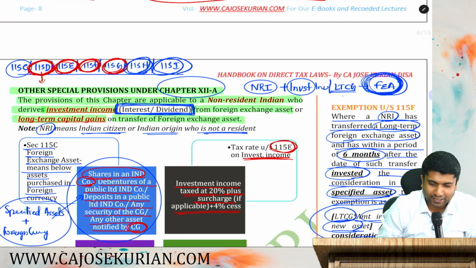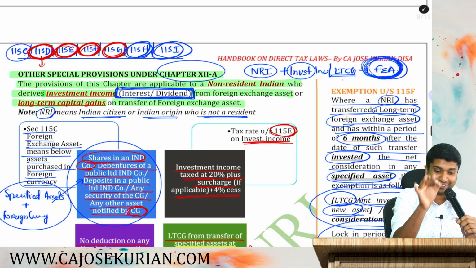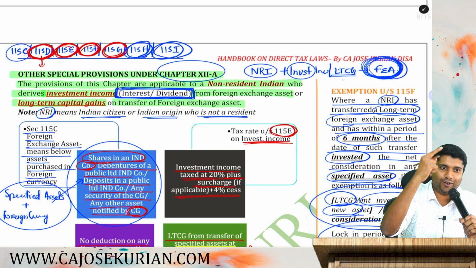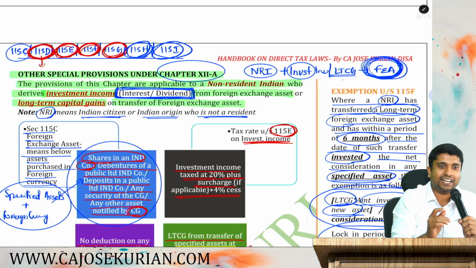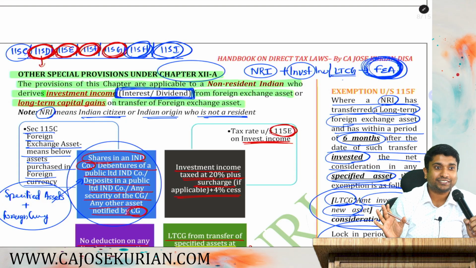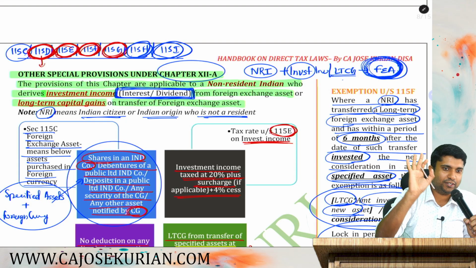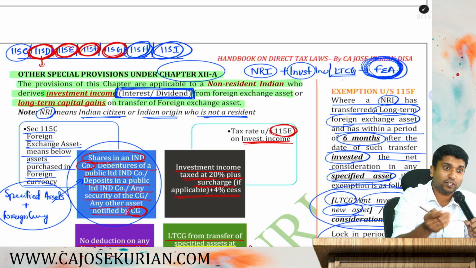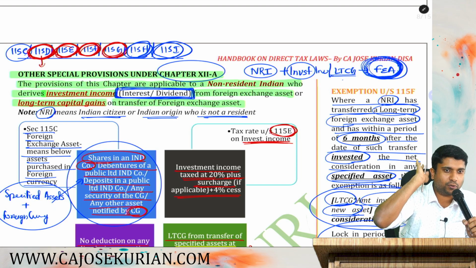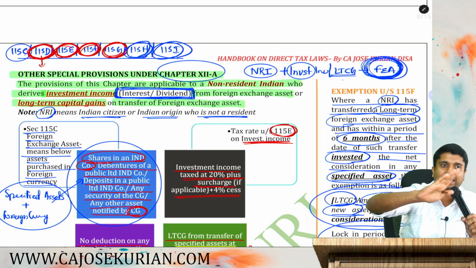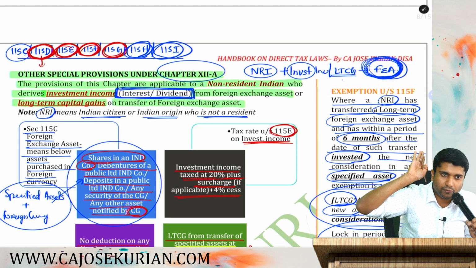Are you with me? But in examination, you must follow this provision. If it is an NRI, investment income, long-term capital gain, don't write an assumption, "I am opting out because I haven't studied CDEFGHI." Don't say like that. You must follow. If the question says opting out, then opt out. Otherwise, you must follow CDEFGHI. Are you with me?